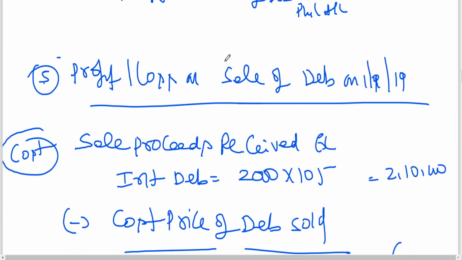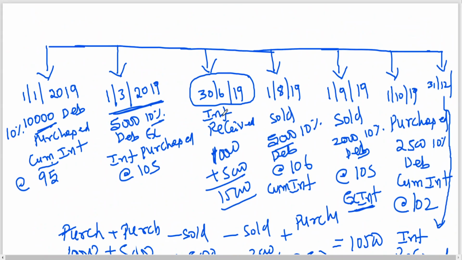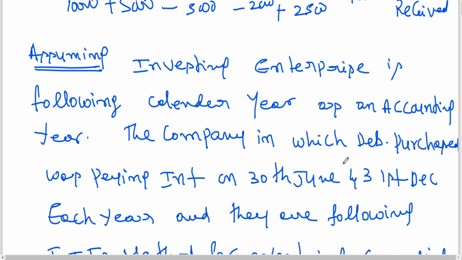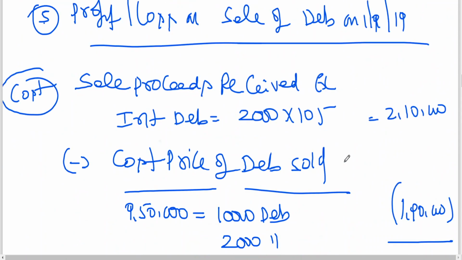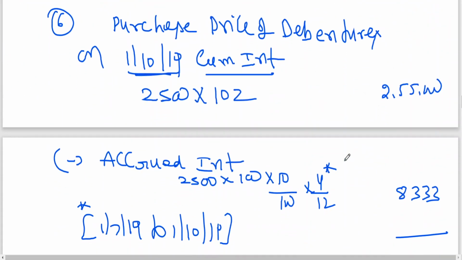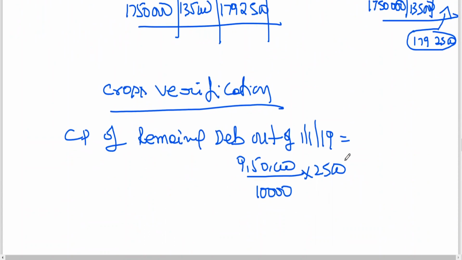How many times has it been sold? 2 times. 5,000 has been sold, 2,000. From where has it been sold? 10,000. So 7,000 has been sold. So balance is 3,000. Okay, let us cross check.